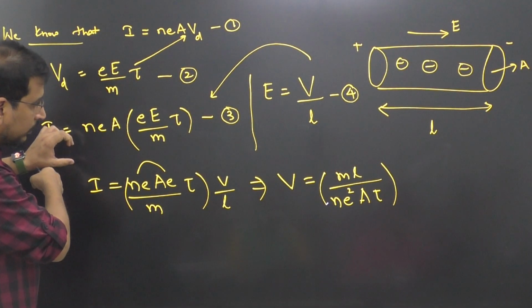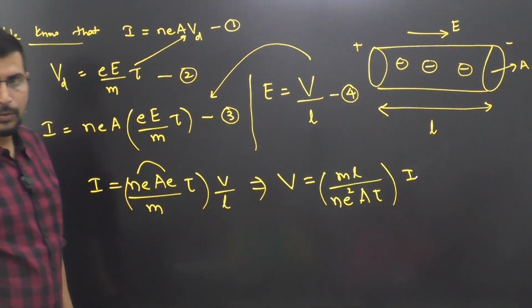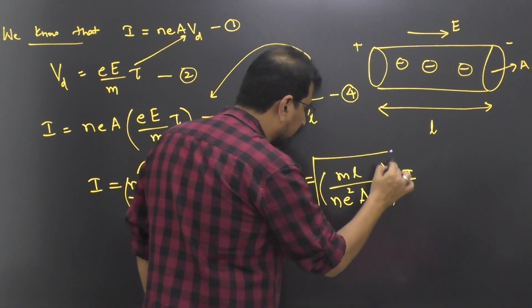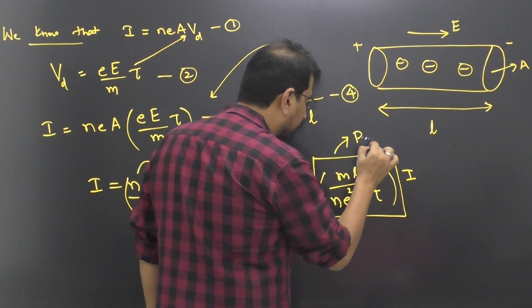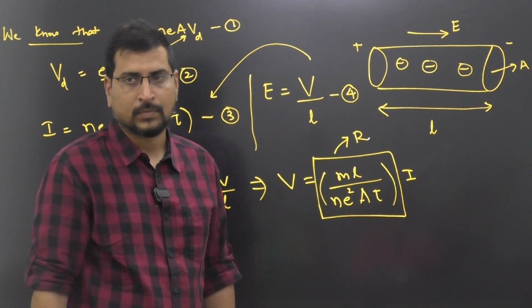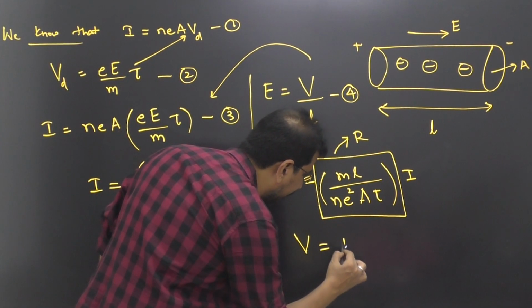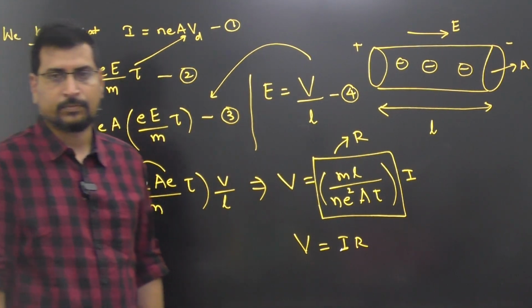So this whole thing is going to get multiplied with current. So if you observe this expression, this whole thing can be replaced with a symbol R, which you already know in the name of resistance. So this is the expression for V is equal to IR, which is nothing but your Ohm's law.